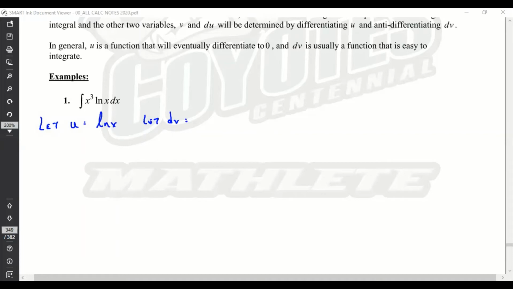So if u is ln x, then dv is going to be x cubed dx. I differentiate the u, and we get du is equal to 1 over x dx. And the dv, we integrate, and we have x cubed dx, so we integrate that, and we get v equals x to the 4 over 4.